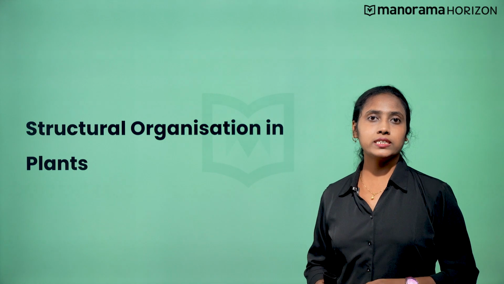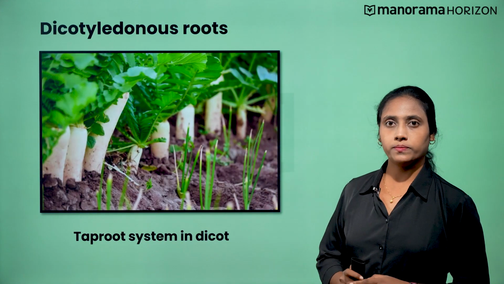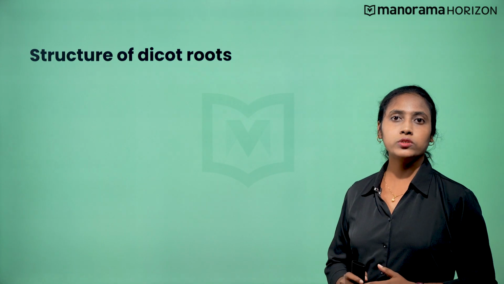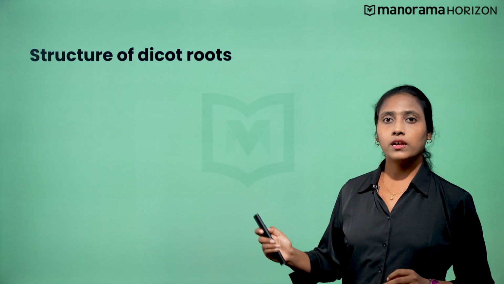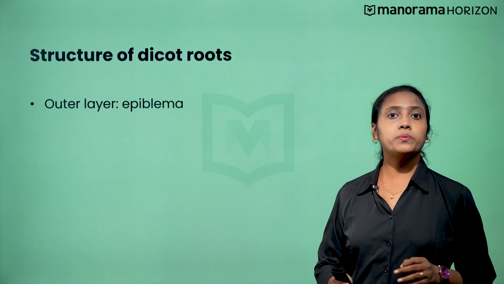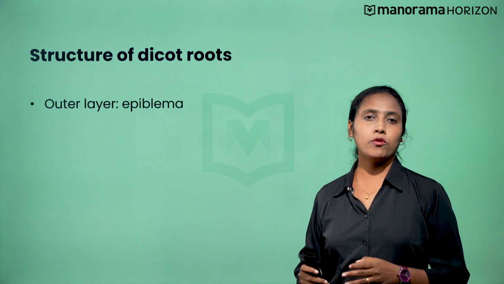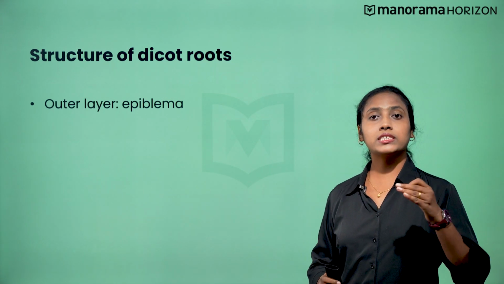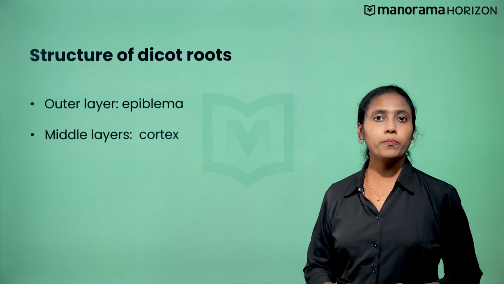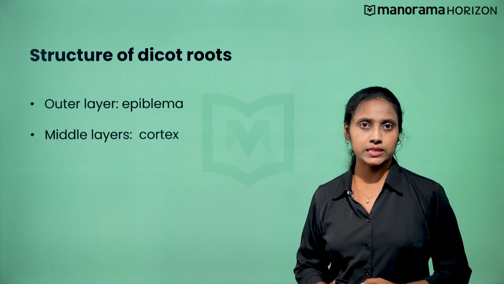First, let's discuss the dicot root. The structural organization in dicot roots is as follows. The outer layer is called the epiblema, which may protrude out in the form of root hairs. Then the subsequent layer is the cortex, which is made up of parenchymatous cells.